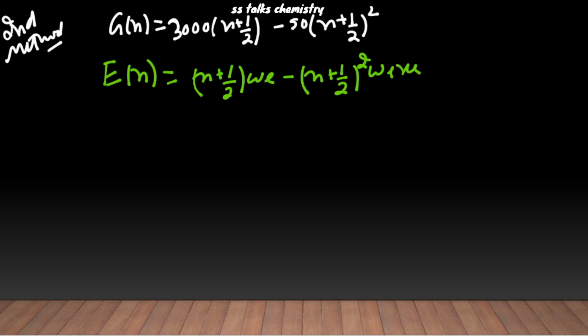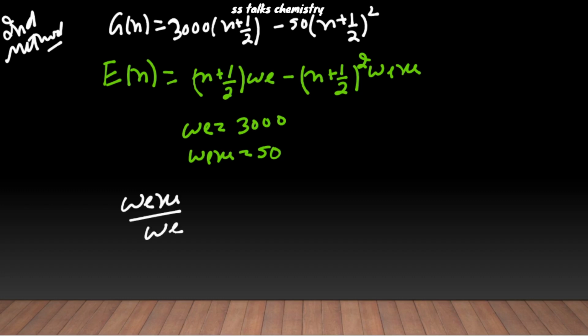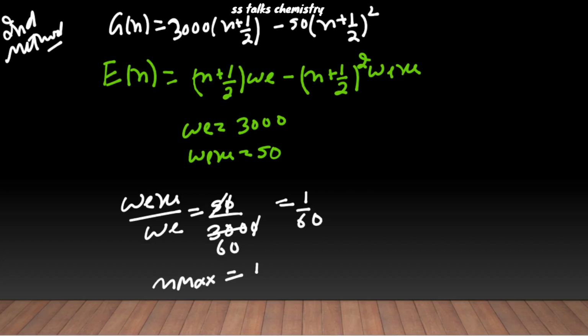From here you can see the omega e value is 3000 and omega e into xe is 50, right? From here the xe value we can find: omega e xe upon omega e, which is 50 upon 3000, so 1 by 60 is the value you are getting. Now the value of n max we know is 1 by 2 xe minus half, so it will be 1 by 2.